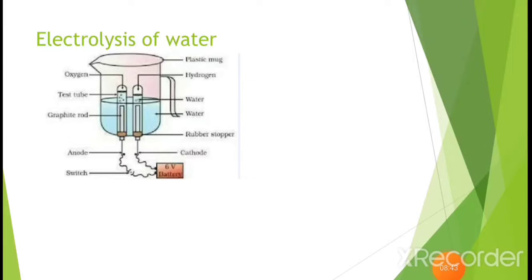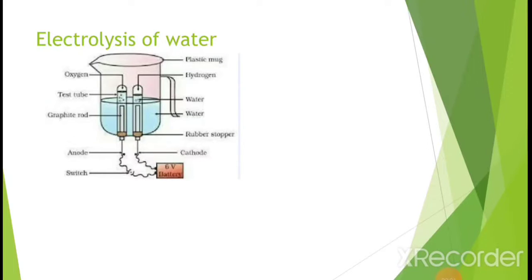Okay, electrolysis of water. This diagram is very, very important. In this diagram, it shows that you take a plastic mug and drill two holes at its base, and fit a rubber stopper in these holes.